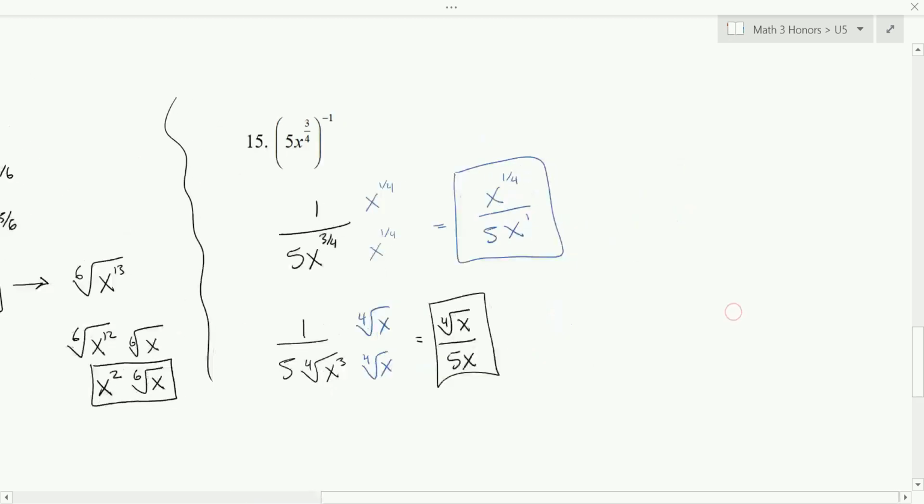So if I had 5x to the 3/4 in parentheses, I would have to say that's the 4th root of 5x, still in parentheses, cubed. So the 5 would be cubed and the x would be cubed. If there's no parentheses around things, then that exponent's only going to belong to whatever's right there. So in this case, it's just an x.